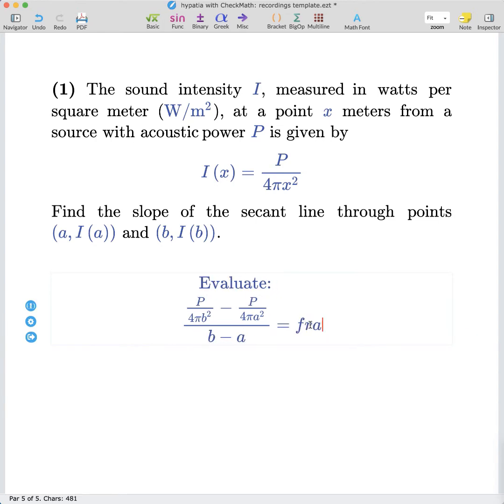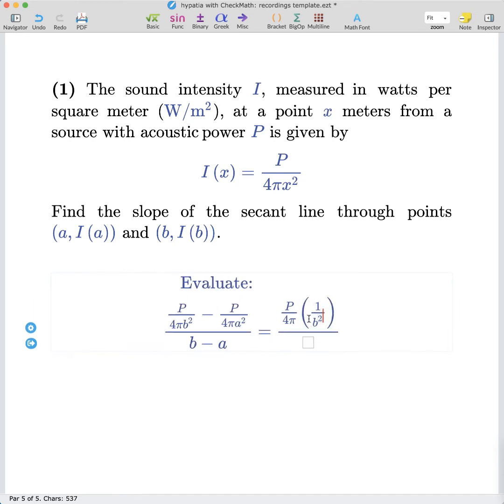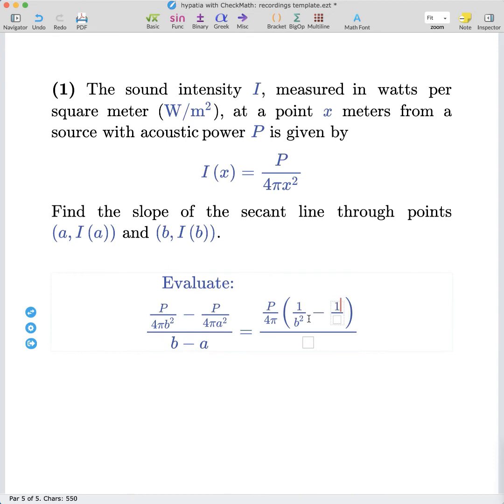And now we can simplify this a little bit, do some factoring. We can factor out the P over 4 pi in the numerator. And then we're left with 1 over B squared minus 1 over A squared, like this, and our denominator is the same.